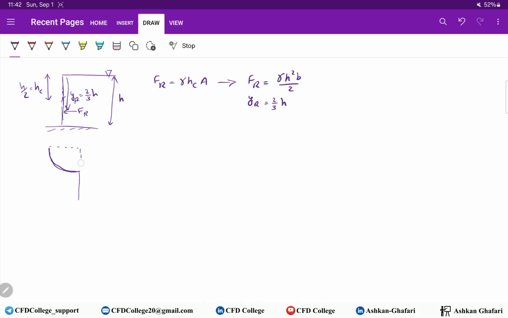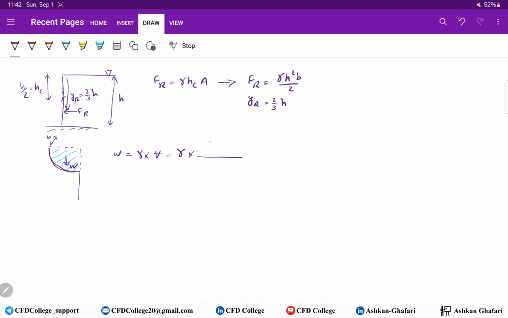And for the circular part, we have this one. Here the vertical force is due to the weight of this liquid, the liquid here. You can find the force easily because it's a quarter circle, so W, the weight, equals gamma times volume, which is the area of this part times the width.